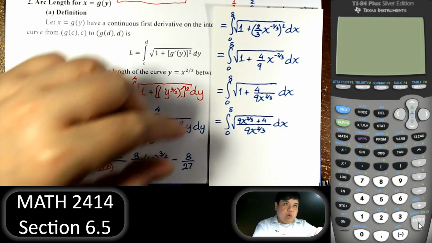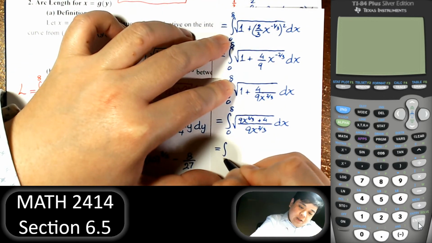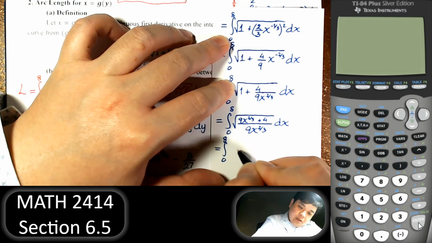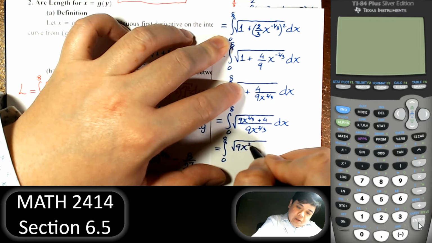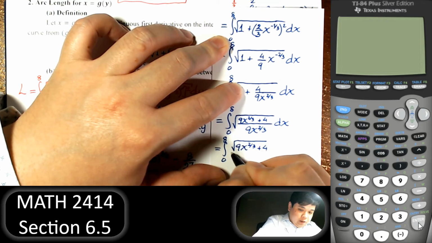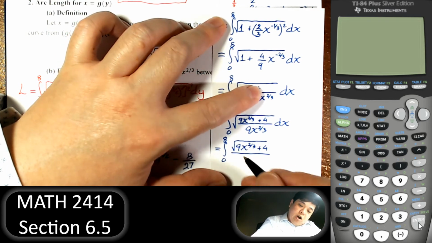Now split the square root, and then the square root at the bottom.